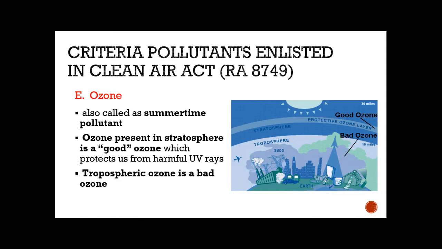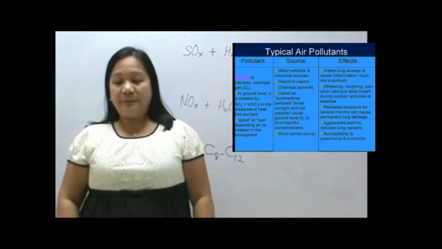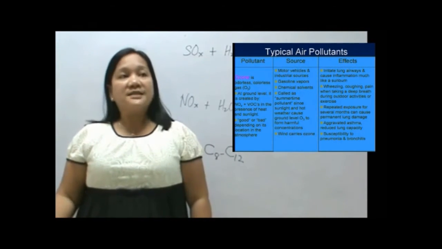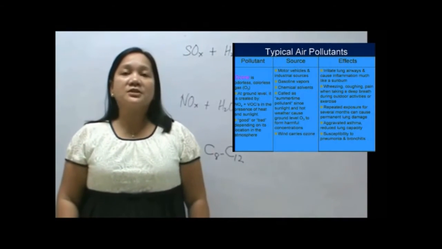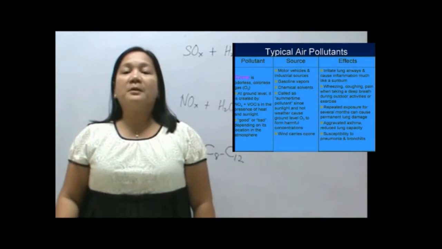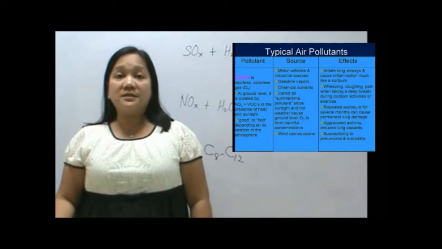For this reason, since it is found to be abundant at high temperature, ozone is also called a summertime pollutant. Now, where do we get ozone? We basically get it also from motor vehicles and industrial sources. The same explanation or the same principle as that of nitrogen or NOx. Because O2 is also abundant in the atmosphere, so if you oxidize it further, you produce this O3.